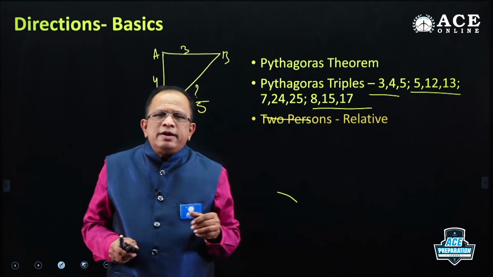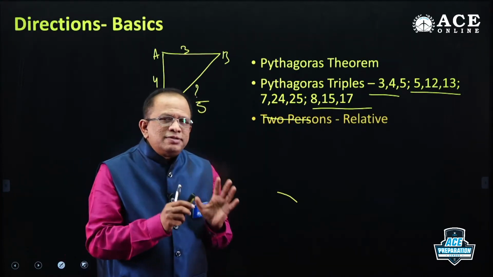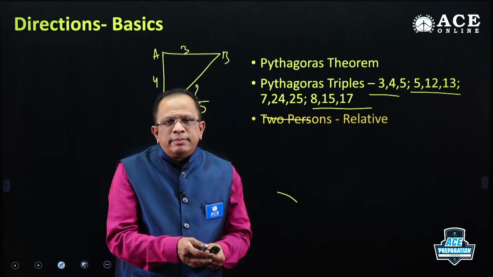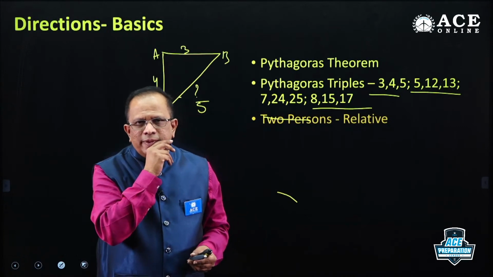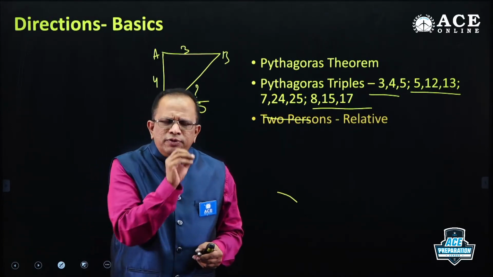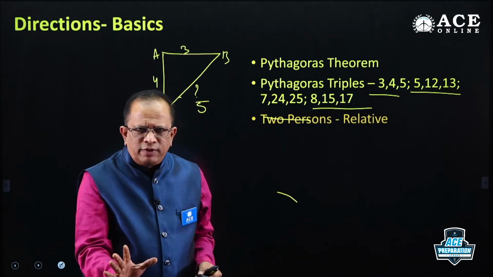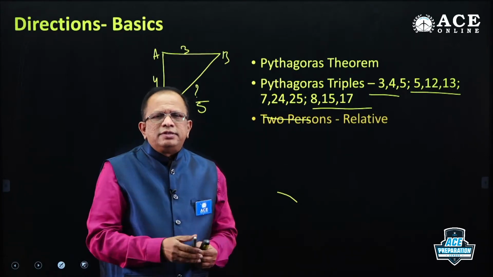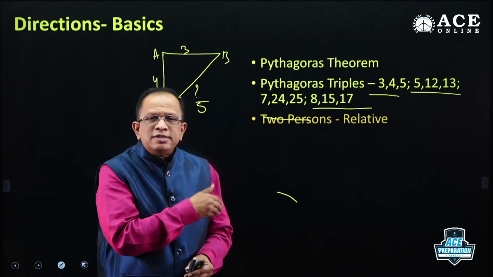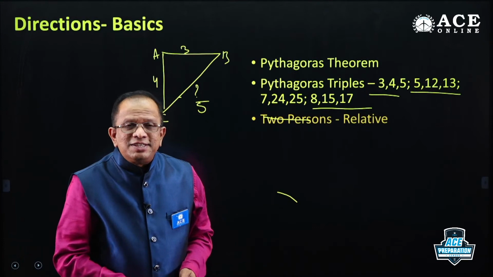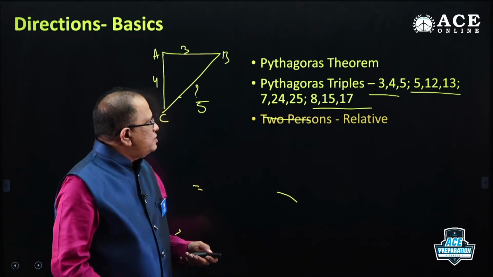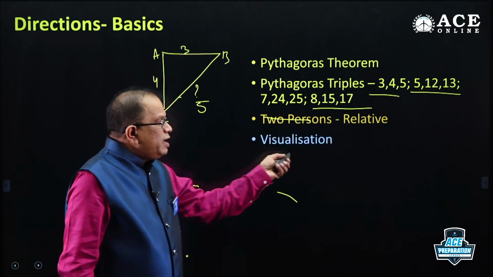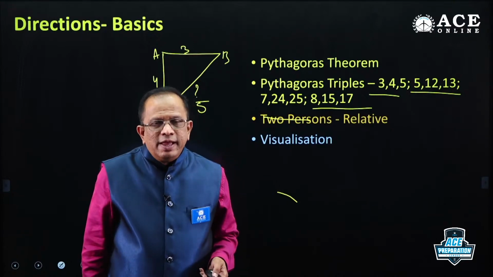The paper setter nicely gives some instructions, some data, and he asks something which you did not expect. So be careful. If you read the instructions carefully, you are bound to get the exact answer. That is why I consider this chapter an easy chapter. You can solve the questions. Now, visualization is going to help you.